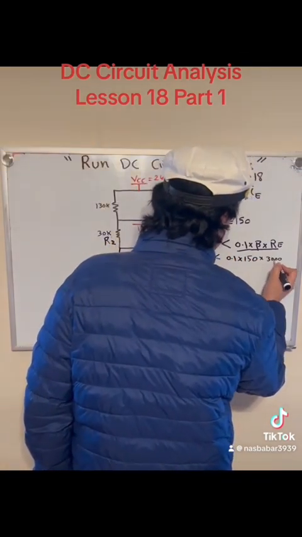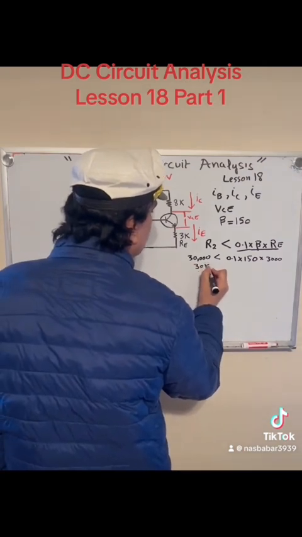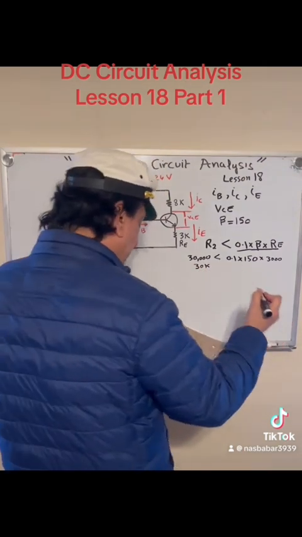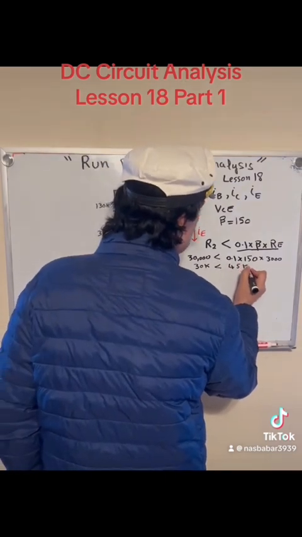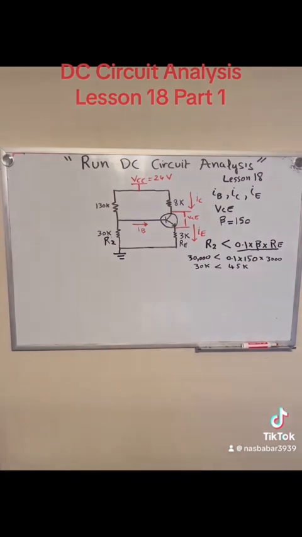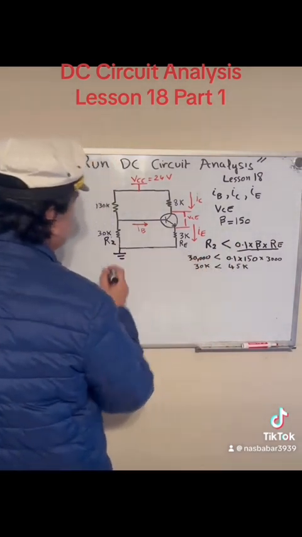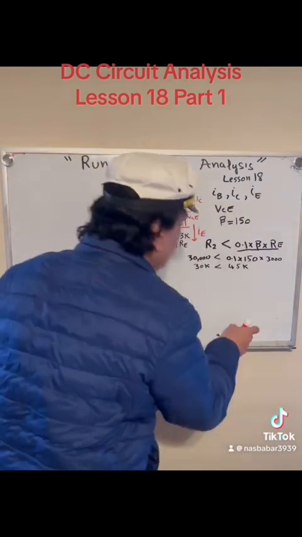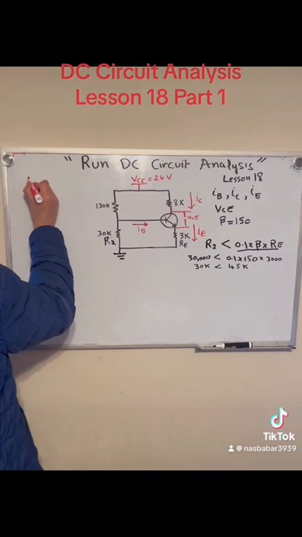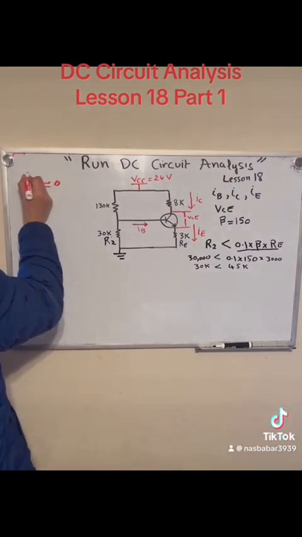When I do that, I get 30K, and on the right hand side, I get 45K. So, based on this assumption, I can assume that I sub B is almost 0.